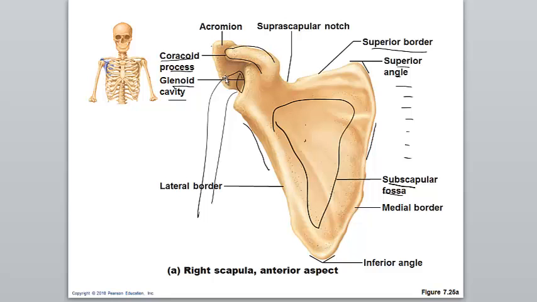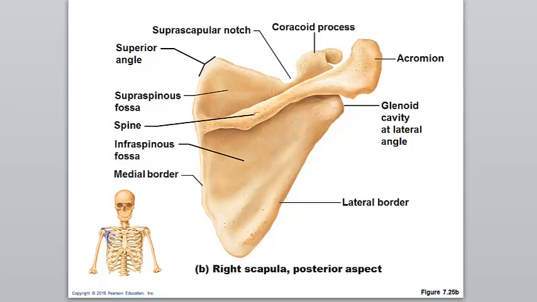Let's look at the posterior view of your scapula now. The posterior view, like I said, is not going to be smooth. It's going to have a spine right over here, which ends in your acromion, right here. The spine actually divides the scapula into two fossae.